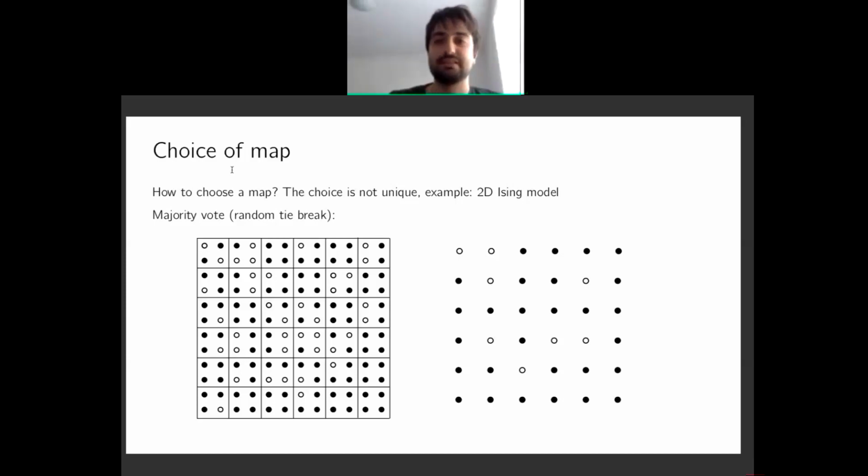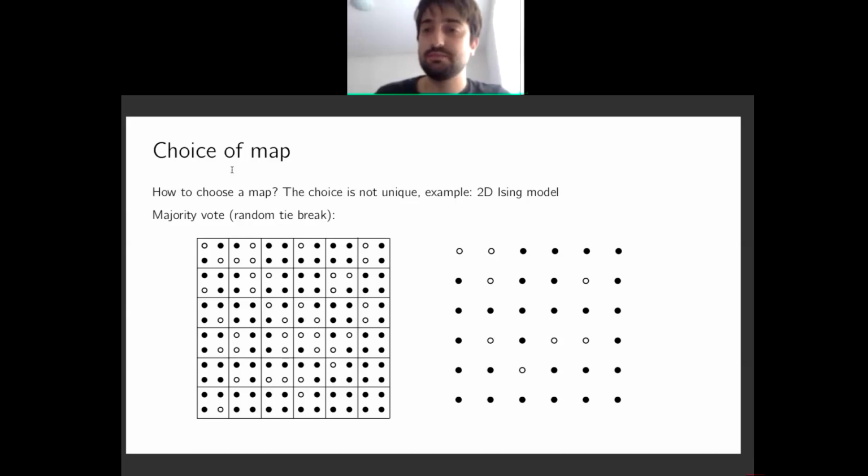But the point is just that there are several examples that one might come up with, which are equally intuitive, and that should intuitively work as a renormalization map. But it is known that, for example, for the 2D Ising model, majority vote numerically works much better than decimation in extracting critical exponents. And there is no clear reason why in general.